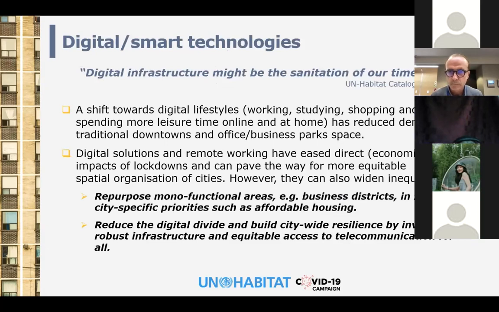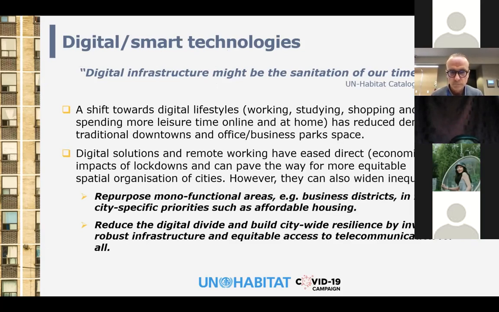A shift towards digital lifestyles, which included working from home, studying, shopping, and also socializing online, has reduced the demand for traditional downtowns and office business parks. Digital solutions and remote working have eased direct impacts of lockdowns and can pave the way for more equitable spatial organization of cities.